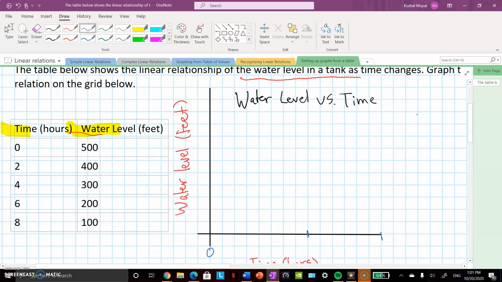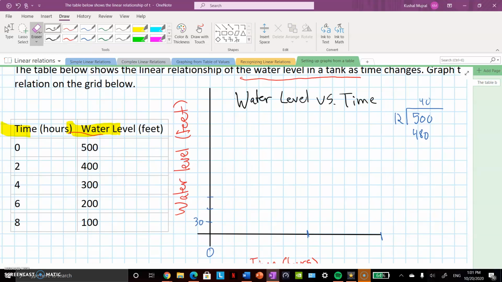500 divided by 12 is a bit more than 40. This is 480. So we can have each of these boxes be like 40. 40 is good. Or we can even go with 30. Actually, not 30, let's go with 50. That's going to be a better idea.